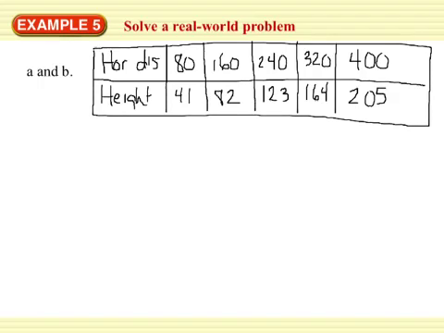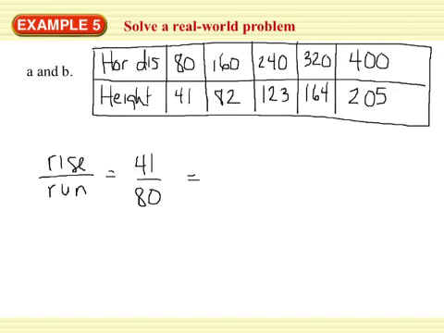Cool. Let's go back a little bit. So now we're going to do part B. Okay, this fraction represents our slope. So rise over run. Every 41 feet it goes up, it goes 80 horizontally. So if I simplify this, I just do 41 divided by 80.